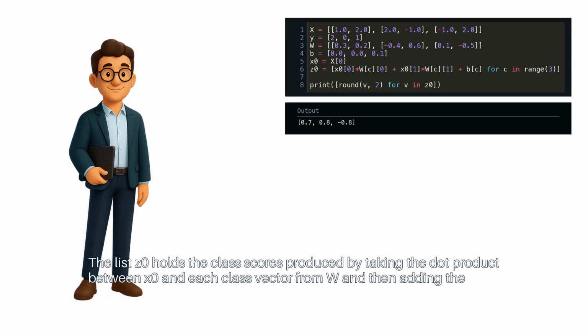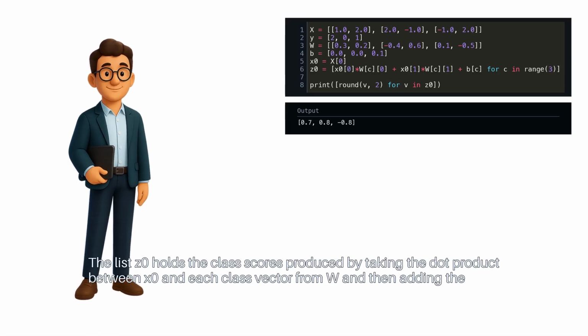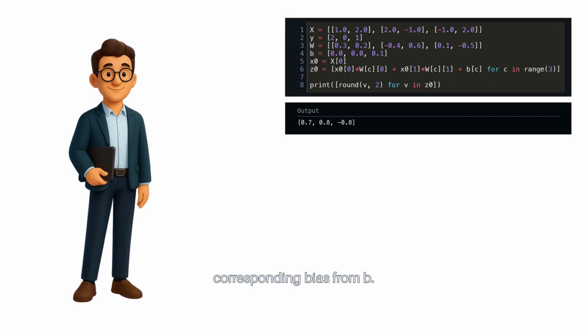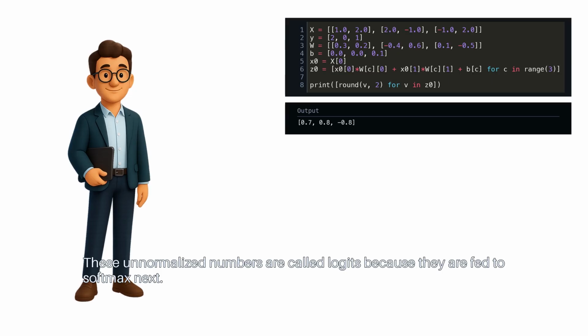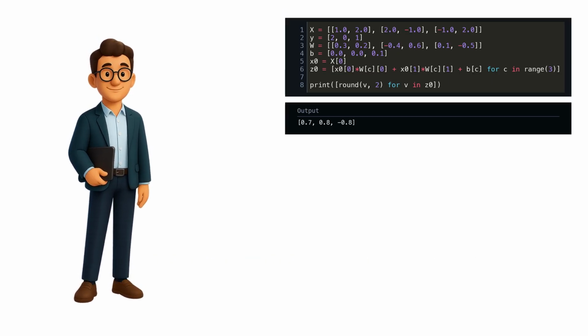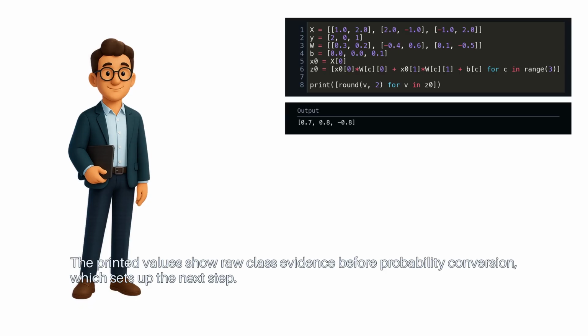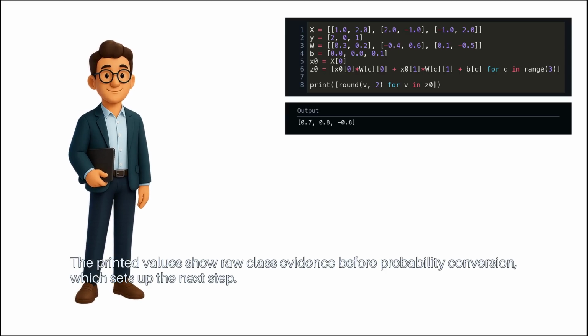The list Z0 holds the class scores produced by taking the dot product between X0 and each class vector from W, and then adding the corresponding bias from B. These unnormalized numbers are called logits because they are fed to Softmax next. The printed values show raw class evidence before probability conversion, which sets up the next step.